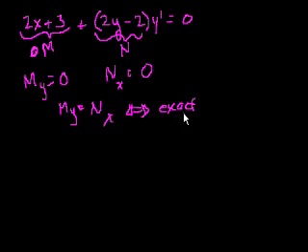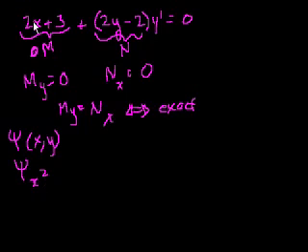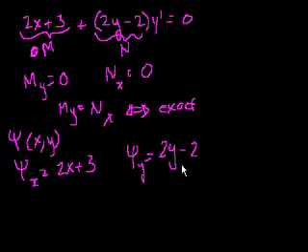So knowing that it's exact, it tells us that there's some function xi, a function of x and y, where the partial of xi with respect to x is equal to 2x plus 3, and the partial of xi with respect to y is equal to 2y minus 2.